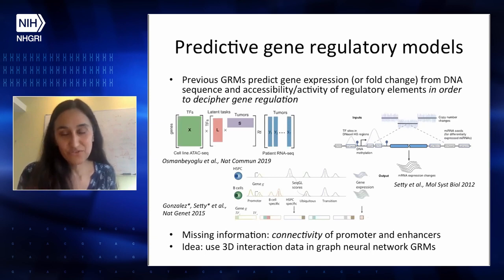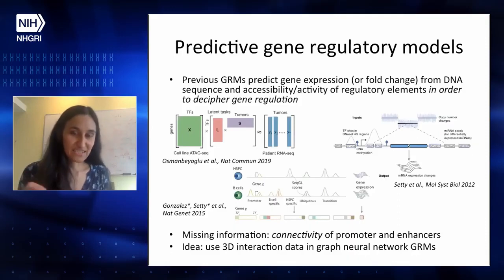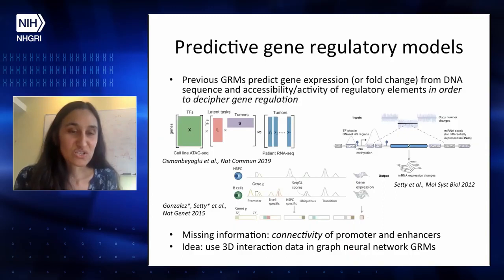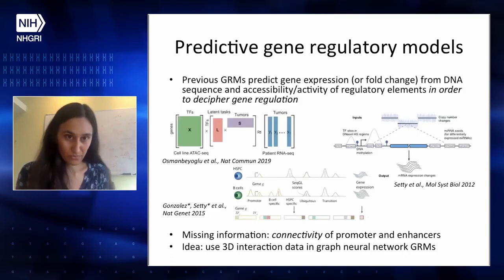And the missing information in our models so far has been the connectivity information, the connectivity of promoters and enhancers. So what I want to show you today is using 3D interaction data in order to model gene regulation using graph neural networks.